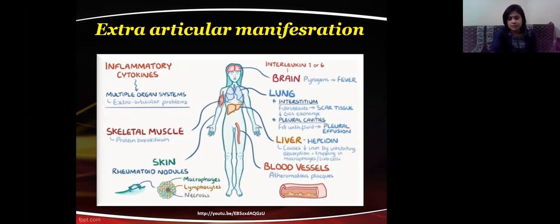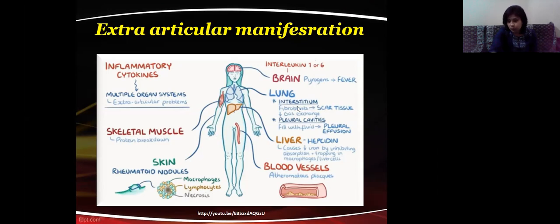If they reach the skin and some visceral organs, then they will produce rheumatoid nodules. These rheumatoid nodules are actually a collection of macrophages and lymphocytes with a central area of necrosis. If they reach the lung, they will damage the interstitium there.